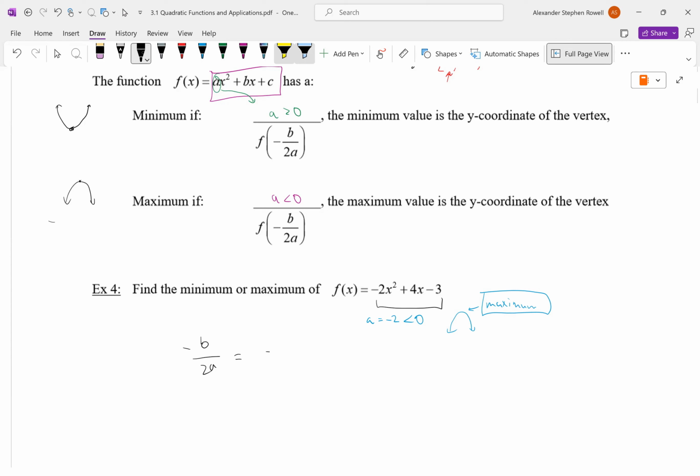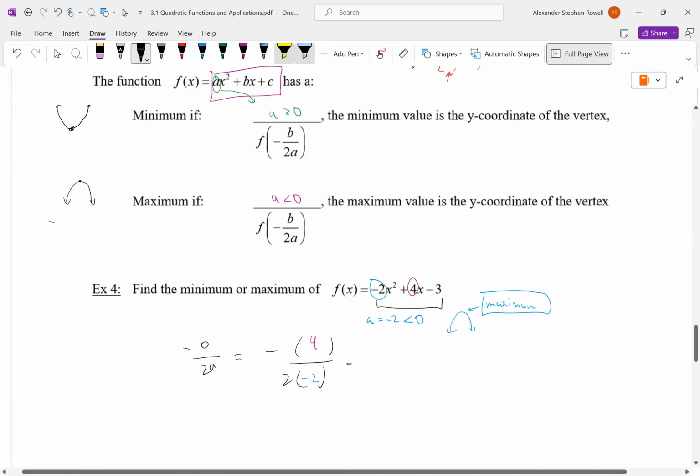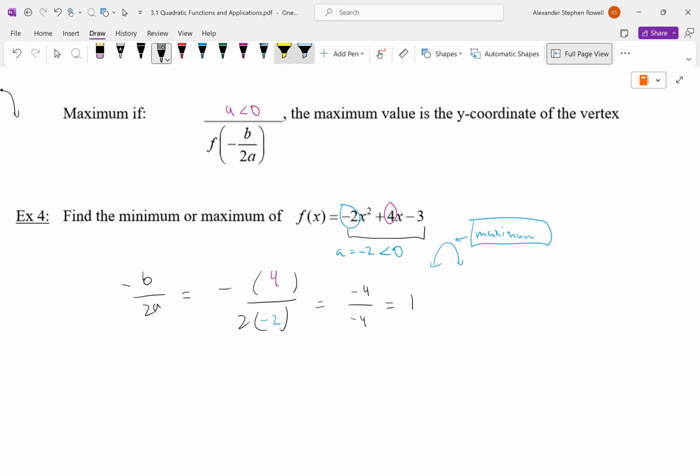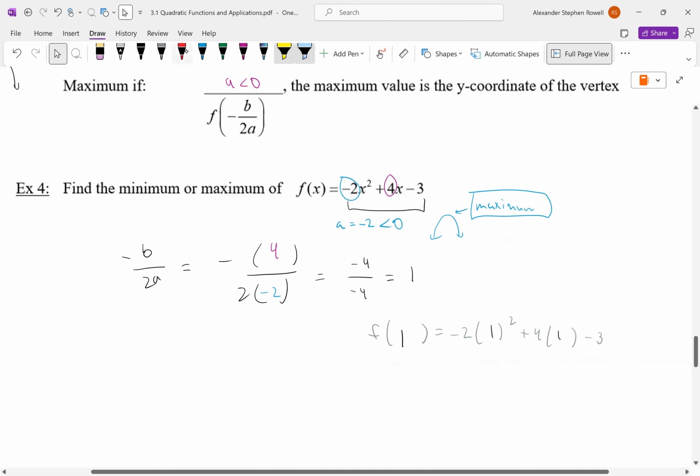So what's b here? Yes, b is 4. What's a? Yes, -2. Okay, so what do we get here when we simplify? -4 over -4. 1 is the x value of the vertex. How do we find the y value? Yes, plug it in. F of 1 is equal to -2 times 1 squared plus 4 times 1 minus 3. 2 times -2 times 1 is just -2.